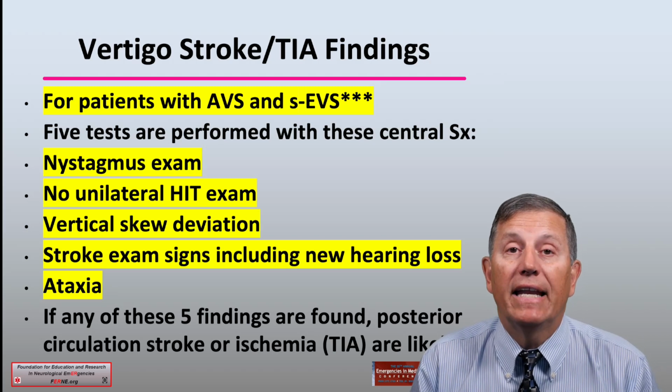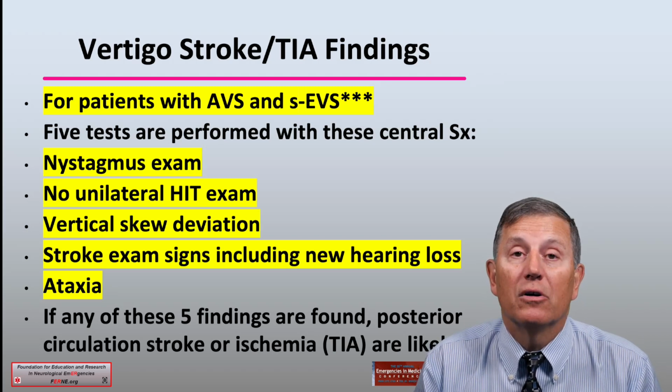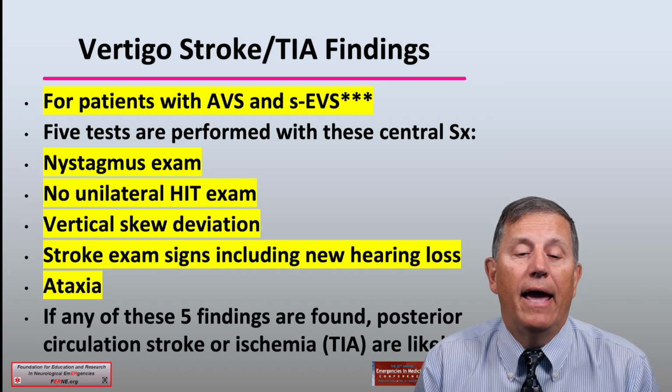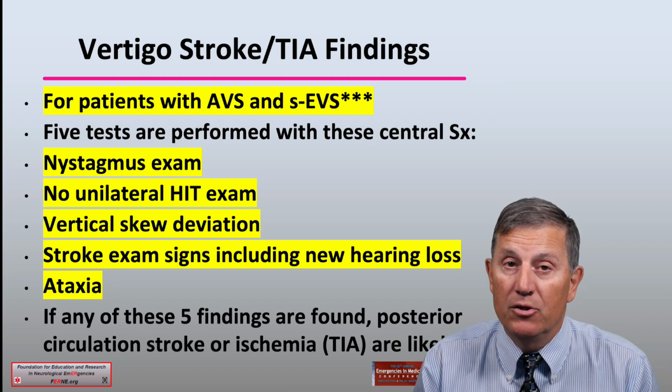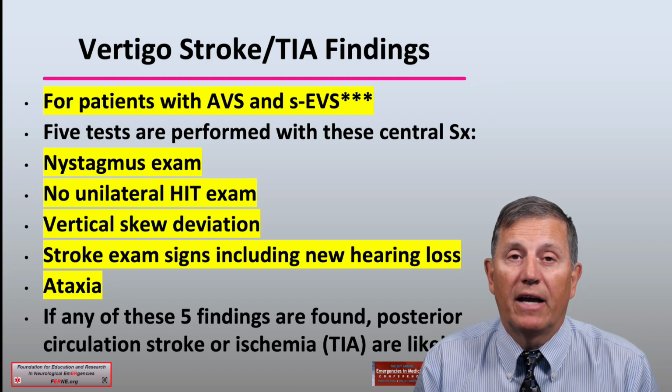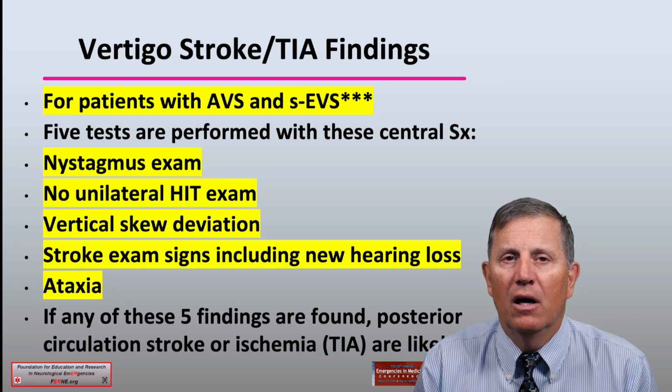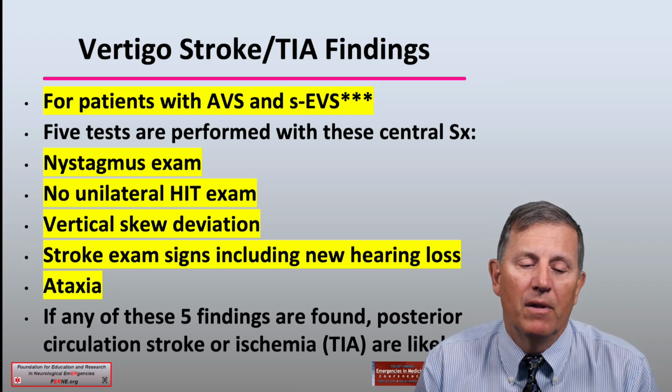So what are the findings that would suggest a central etiology to profound vertigo, either spontaneous and intermittent, or patients with constant dizziness present at the time of evaluation, acute vestibular syndrome?